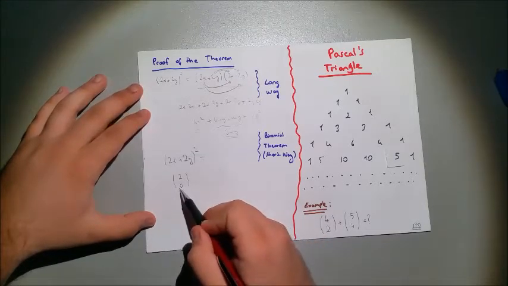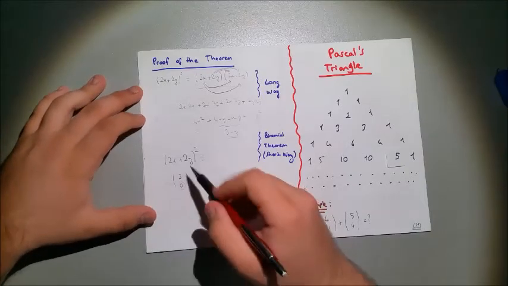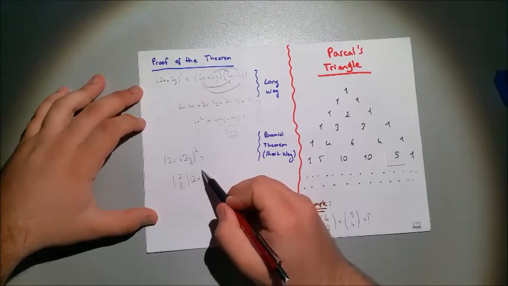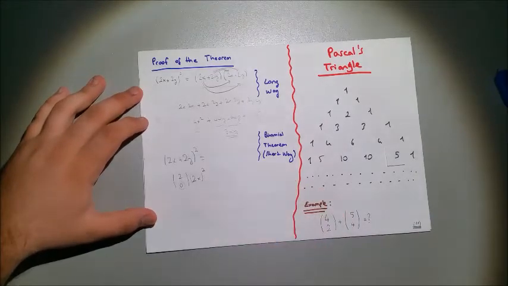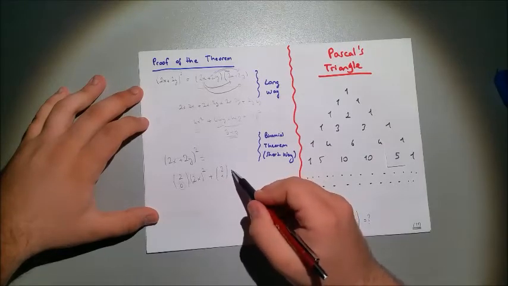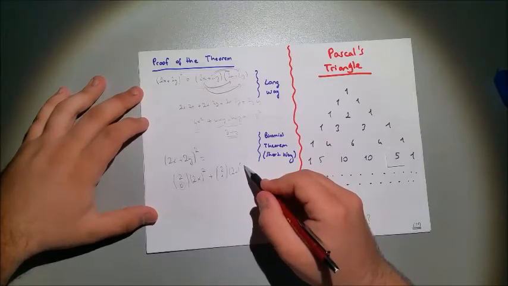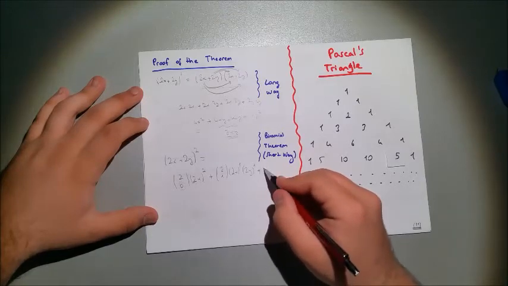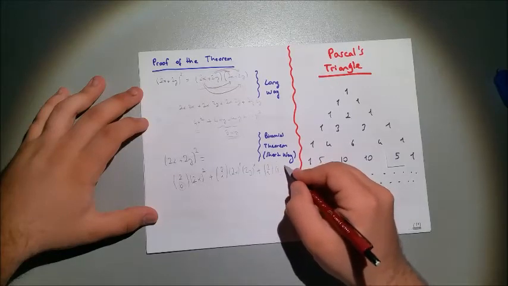Don't forget we write 0, but it is the first term. 2x to the power of 2, plus 2 to the 1, 2x to the power of 1, 2y to the power of 1, plus 2 to the 2, 2y to the power of 2.